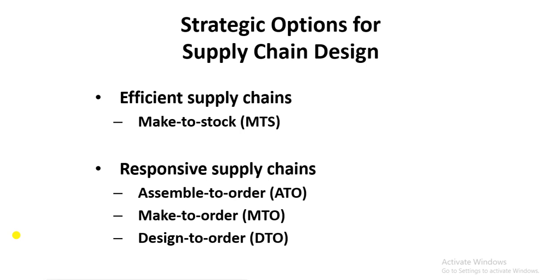In make to stock, this strategy is applicable to those industries where the demand is predictable and the organizations will produce the goods according to forecasting techniques, and after producing the goods they will sell them according to the requirement of the customer.